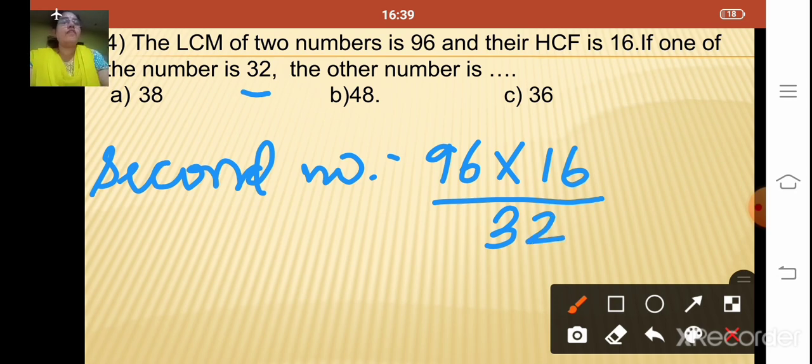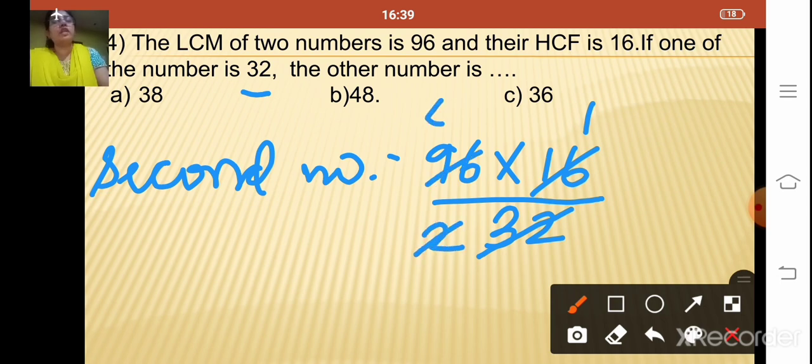So HCF into LCM, that is LCM is 96 and HCF is 16. So 96 into 16 divided by 32. When you divide, either you can multiply these two numbers and then divide by 32, or you can use a cancellation method here. That is, 16 ones are 16, 16 twos are 32, and then you can use this cancellation method.